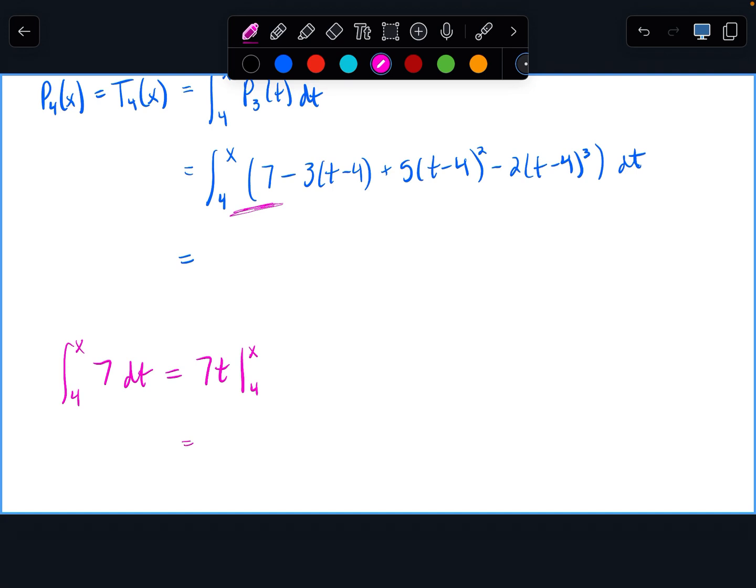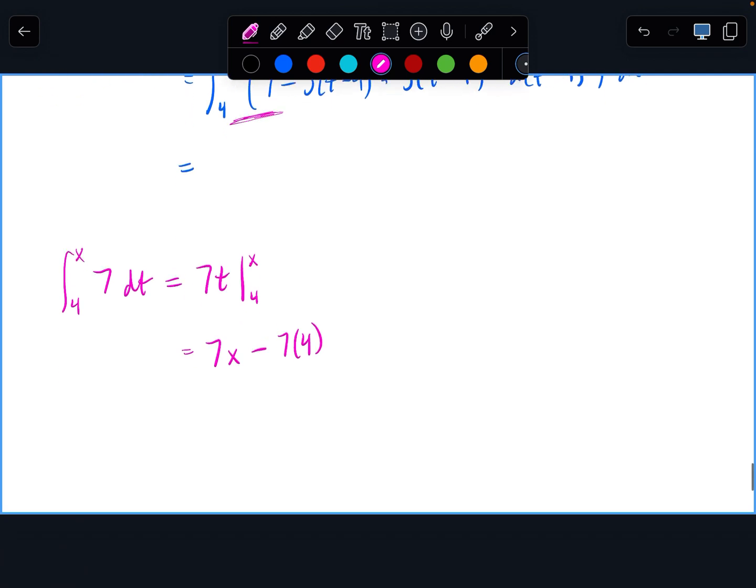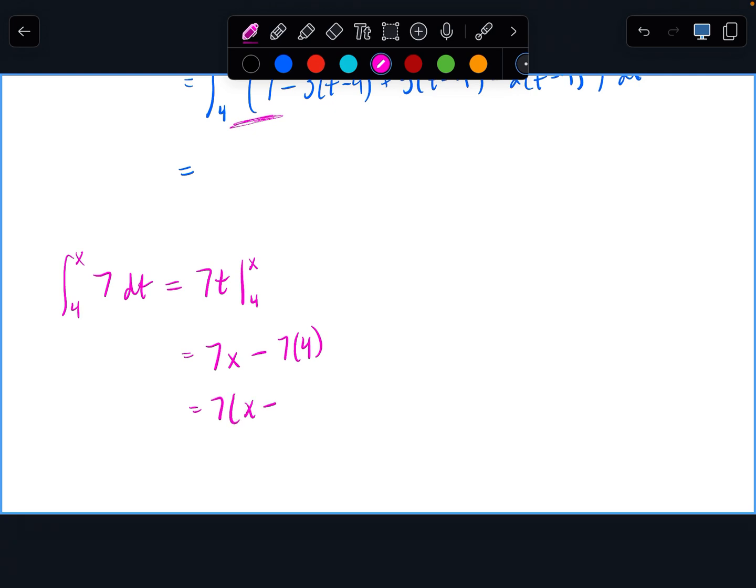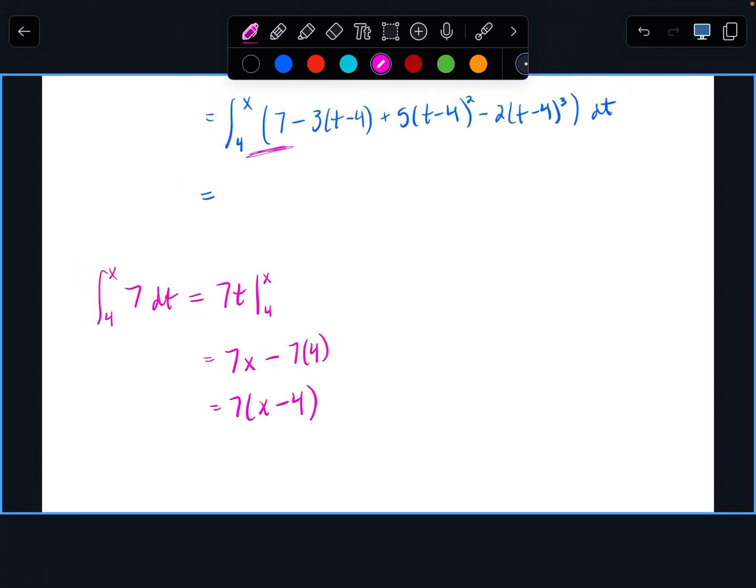Then you get 7x minus 7 times 4. Is everyone alive? Normal antiderivative. Now to make it look cute, you can write it by factoring out the 7. So this first term in the series is going to be 7 times (x minus 4).